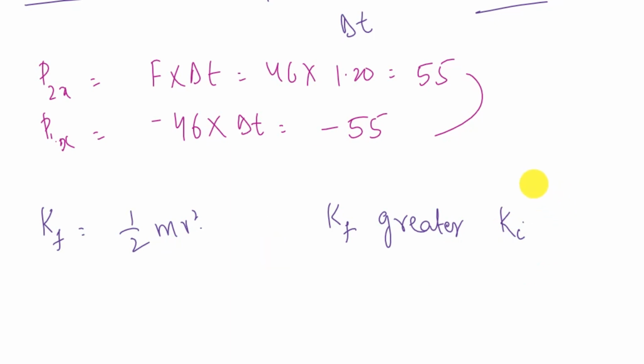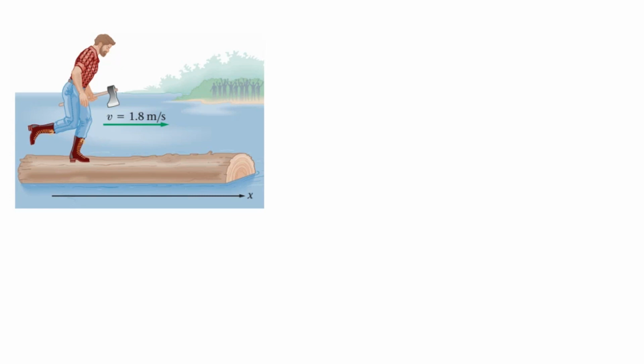Now let's take one more example. Now this is the next example, and here we have a lumberjack with a mass of 61 kg, standing on this log which is pointing towards the shore, and this is the positive x direction that we are taking. The mass of the log is given to be 320 kg, so m_l is 320 kg.